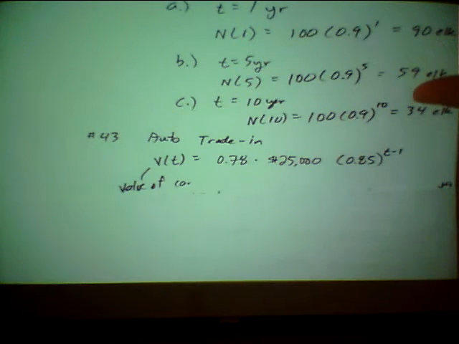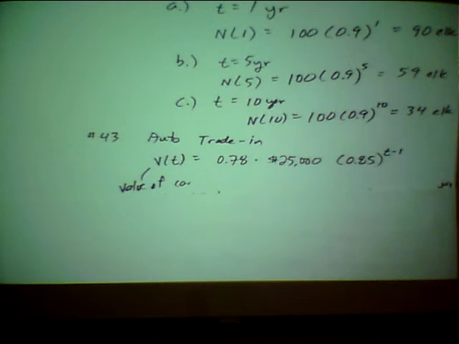In the book, they write V of t equals 0.78 times C, where C is the cost. They tell me the cost of the car originally was $25,000, so I put in the $25,000 for C, and then times 0.85 raised to the t minus 1 power. All we're going to do is, when they give us the number of years, I put that in for t, and then you do the math.